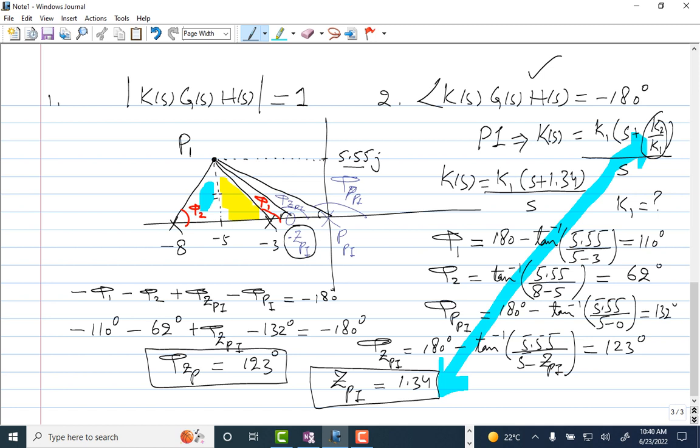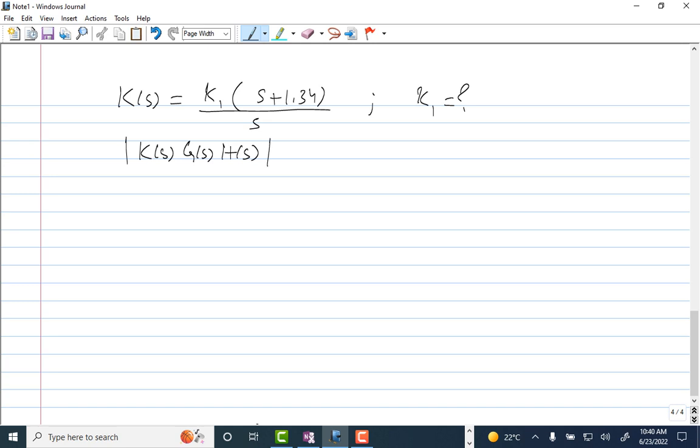I use this condition, so I need to move to the next slide. K of s, known to us, is k1 times s plus 1.34 divided by s. For finding k1, I have to use the magnitude: k of s, g of s, h of s must be equal to 1 at the point that I choose, that is p1.